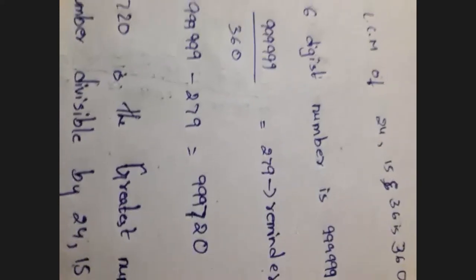Now we should divide that 6 nines by 360, sir. We will get the remainder 279, sir. If we subtract the 279, we will get 999,720, sir.